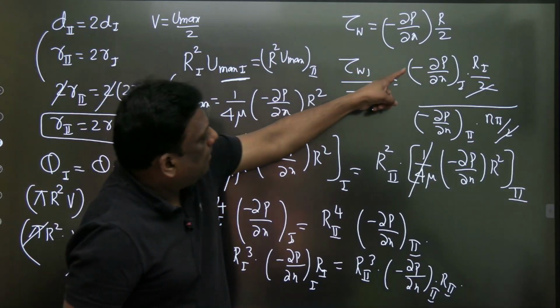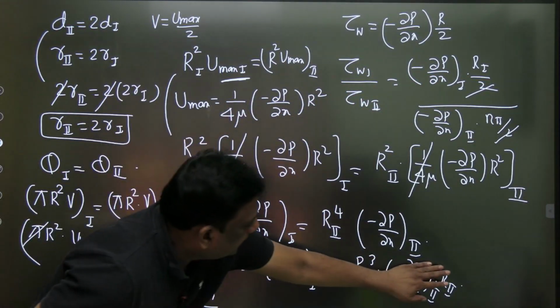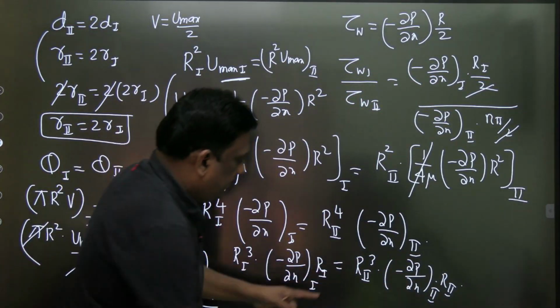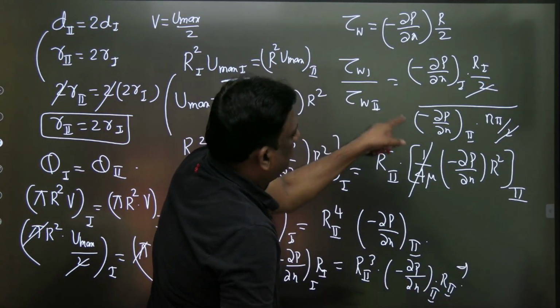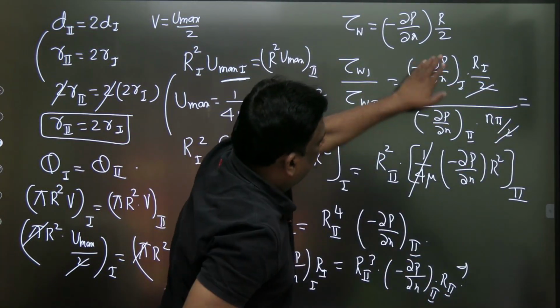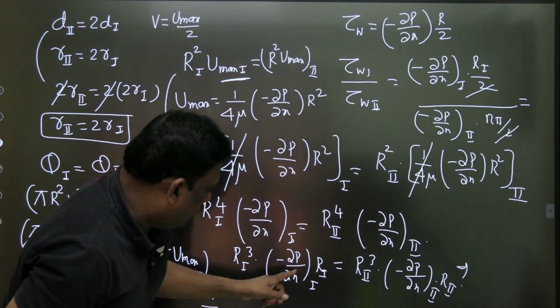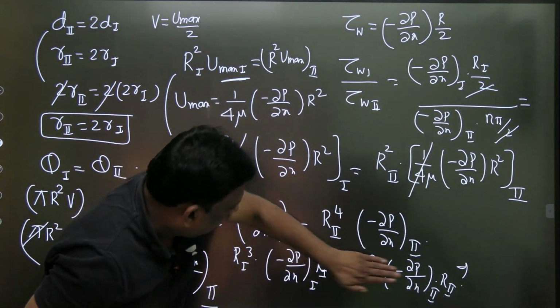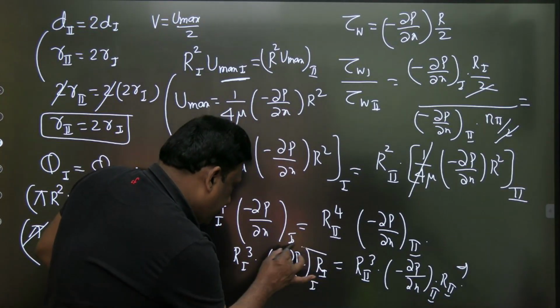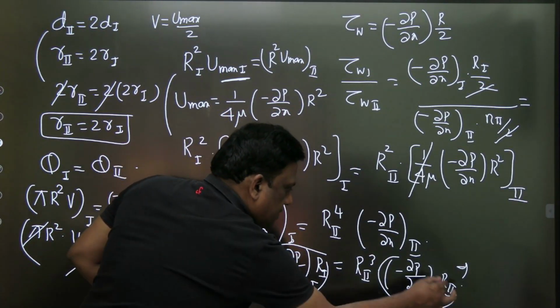Now what do I need? Minus dou p by dou x at R1 divided by minus dou p by dou x at R2. If you want this value, dear students, I want this divided by this. So what do I get?